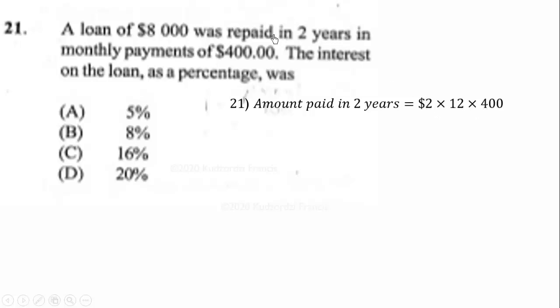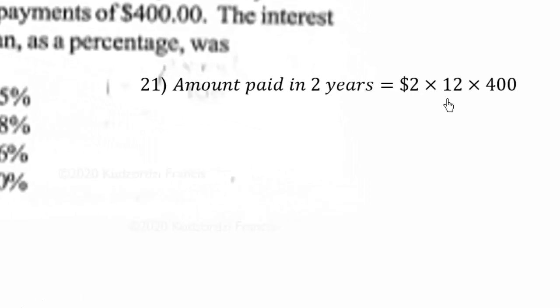The 2 is for the 2 years, and the 12 is because 1 year is 12 months, and the 400 is the monthly installment. So for the 2 years will be 2 times 12 times 400, and this will give us $9,600.